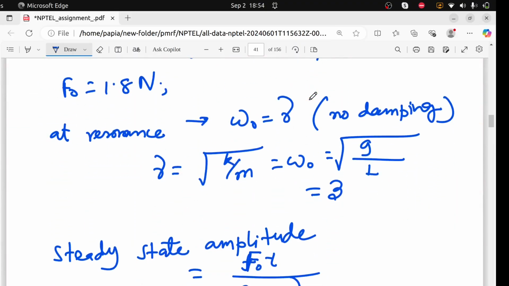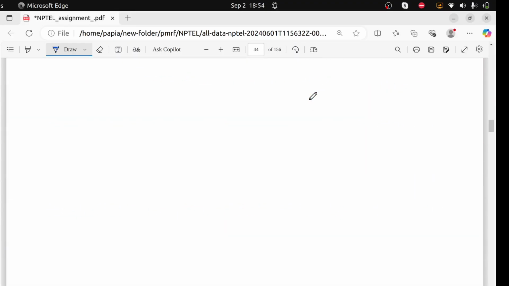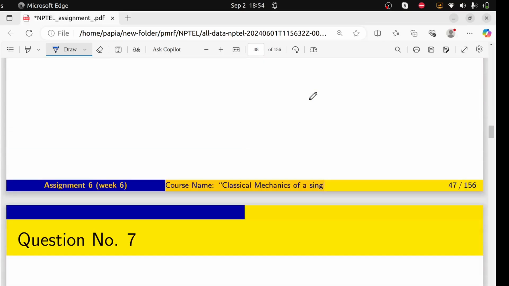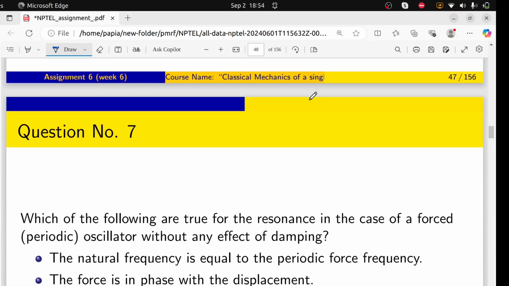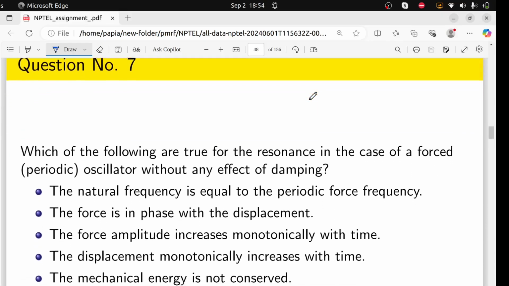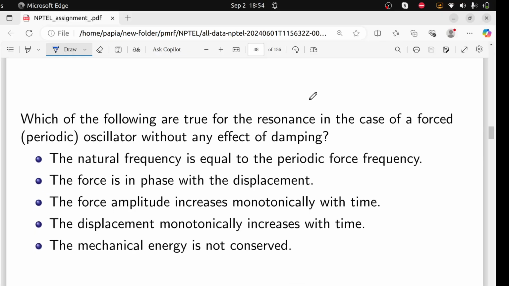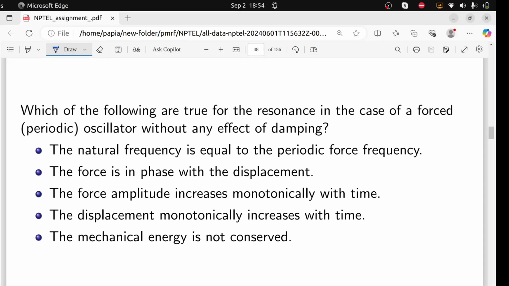Okay, so this is the case for question number 6, I think. Yeah, now we can go for question number 7. Which of the following are true for resonance in the case of a forced periodic oscillator without any effect of damping?